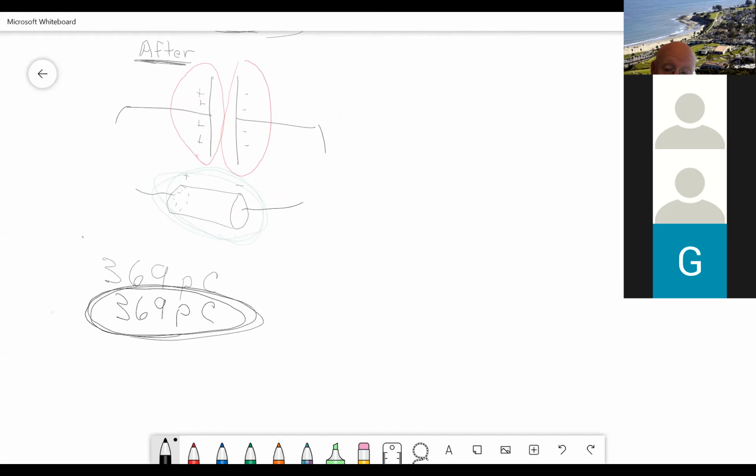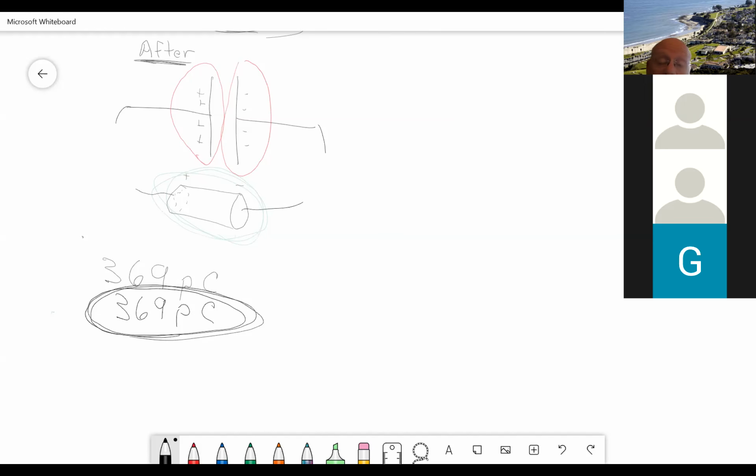Did that help? I think I follow you. So it's not before and after disconnection? Well, it is before and after, but what they want you to see is that the answer is the same before and after. It didn't change, and that's really the point of the problem, to recognize that the charge doesn't change.